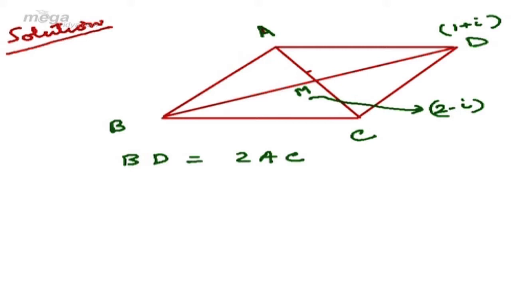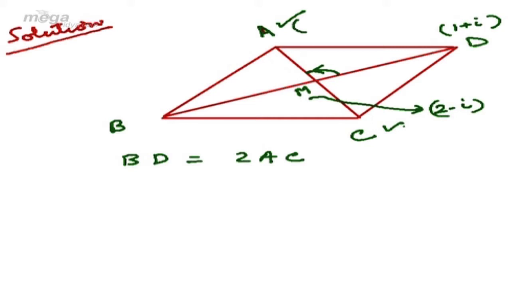Now we have to find out the point A, which can be at this place or at this place. That means you have to rotate the complex vector MD in the direction of AM. That is, the final position will be AM and the initial position will be DM.